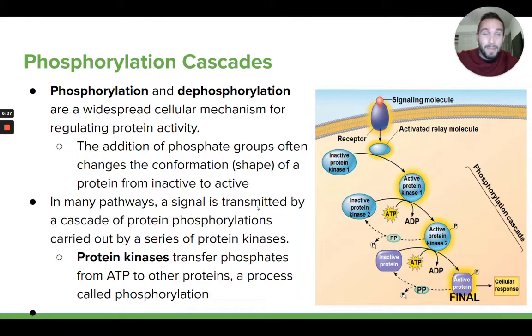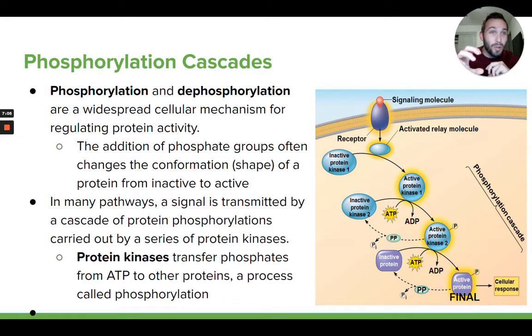There's a type of protein whose job is to phosphorylate other proteins. If you have a protein whose job is to find a specific type of protein in the cell and put a phosphate group on it, we call that a kinase protein. So a protein kinase is a type of protein that puts phosphate groups on other proteins.